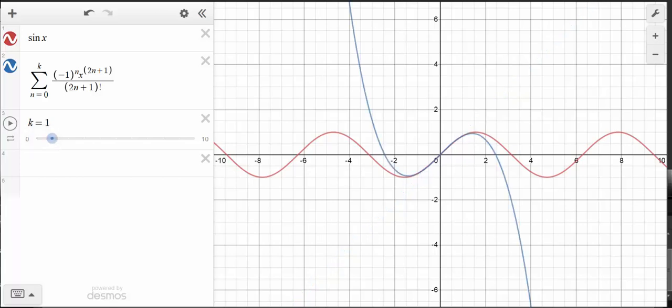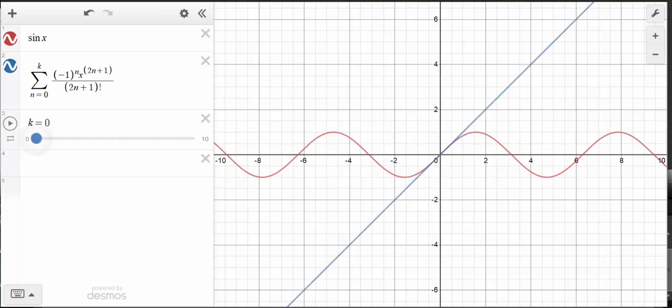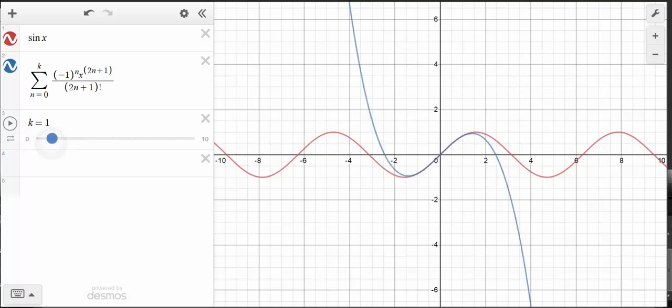Okay, so n equals 0, and then k equals 0, and then k equals 1. And notice that now we've got the first 2 terms. And notice the difference. We start off with just a line, and now just with that addition of 1 term, the blue graph matches up to sine a lot better.